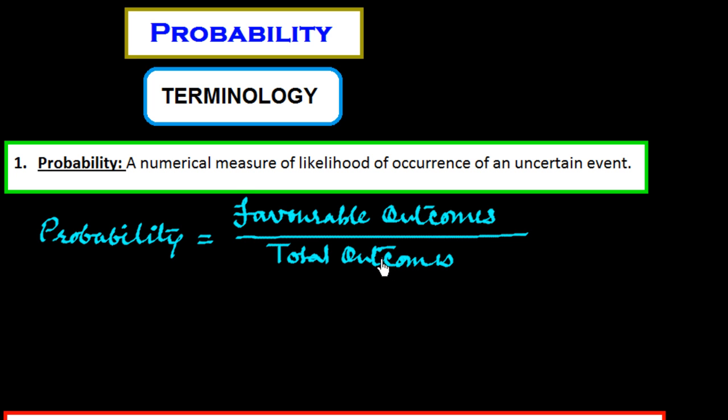You already know what a favorable outcome is: the number of outcomes which result in the happening of your desired event are called favorable outcomes.